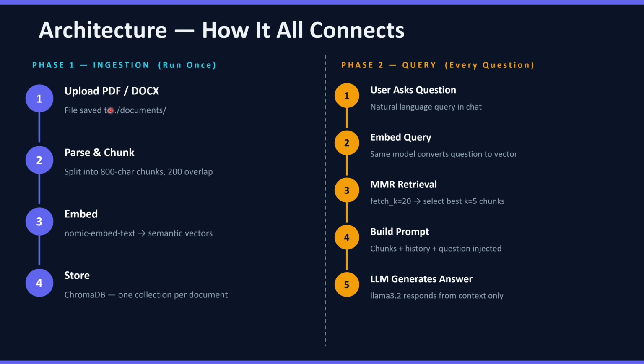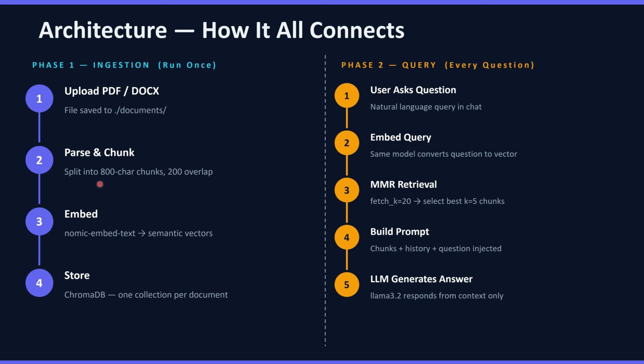Phase 1, ingestion. Step 1, the user uploads a PDF or a document file. This file gets saved to the documents folder on the disk. Step 2, parse and chunk. The document is parsed to extract raw text.